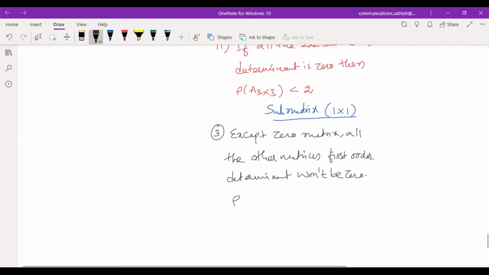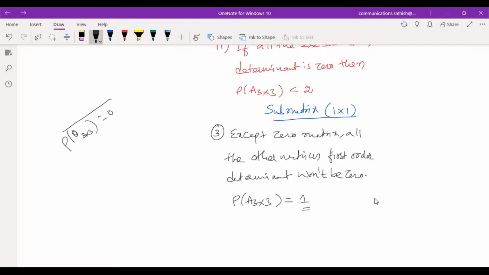Then the rank of the third order matrix will be what? 1. Am I correct? But the rank of a 0 matrix is nothing but what? Here I need to represent it as 0.